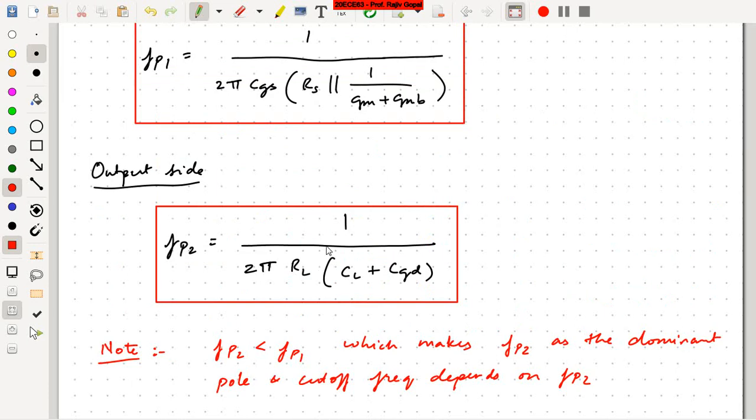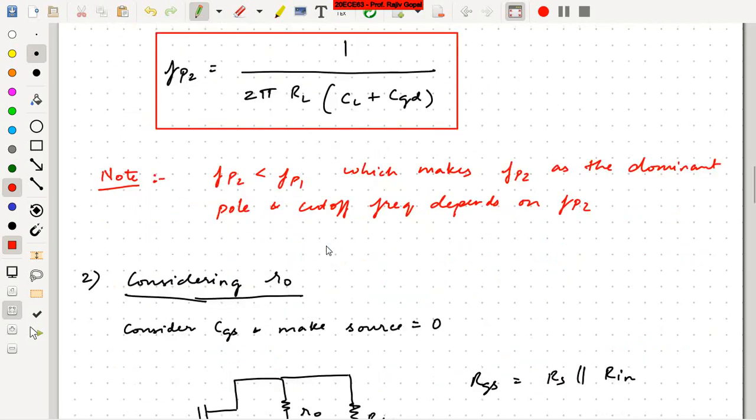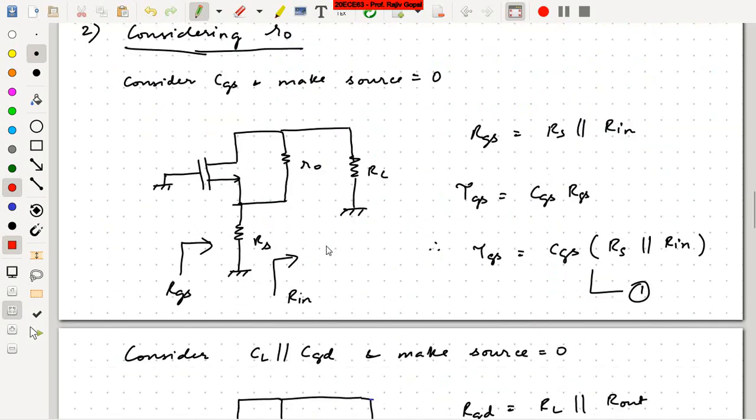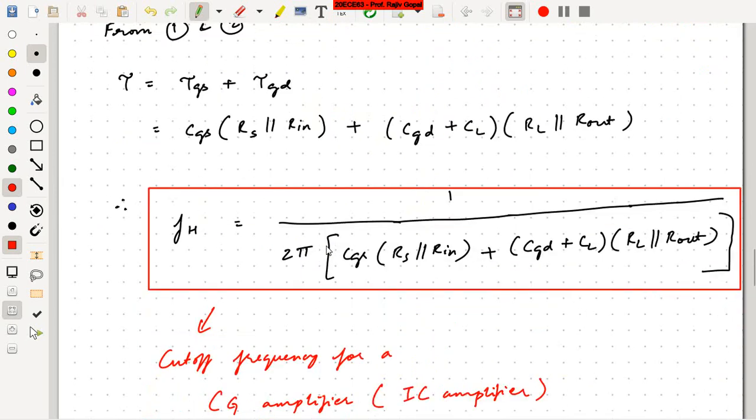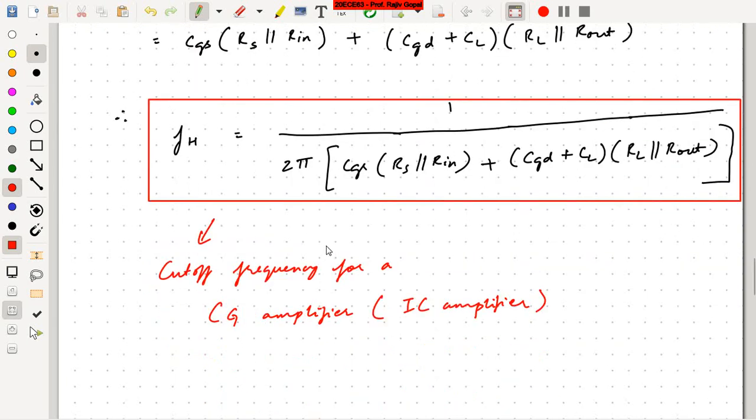But if you consider R0 for the second case, you will get a close enough accurate value. So this is FH, the cutoff frequency for a CG amplifier.